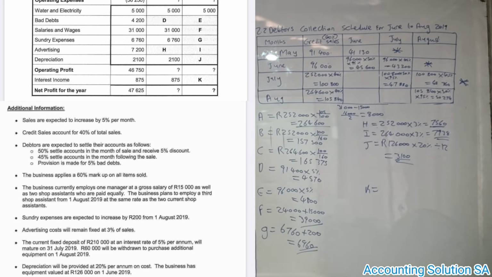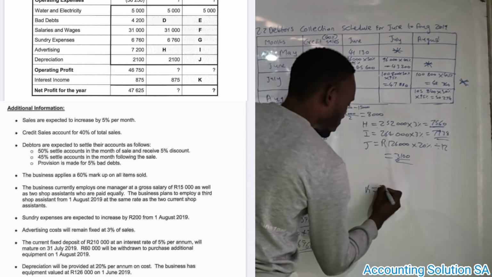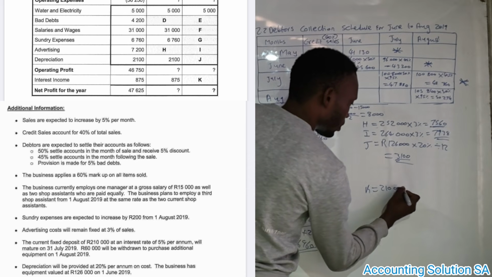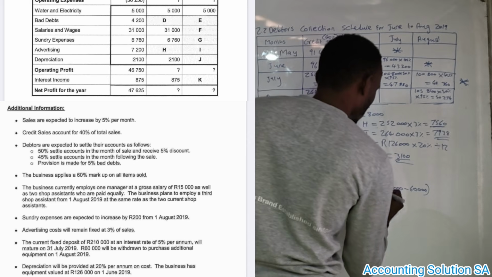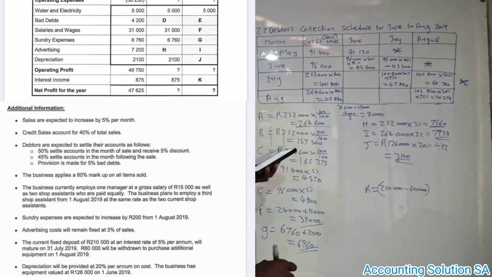Okay, and the last one is interest income, number K. The current fixed deposit of 210,000 at interest of 5% per annum will mature on 31 July 2019. 60,000 will be withdrawn to purchase additional equipment. So when we calculate interest, guys, from 210,000, you must first remove 60,000 because you can't calculate interest from this one because it has matured.